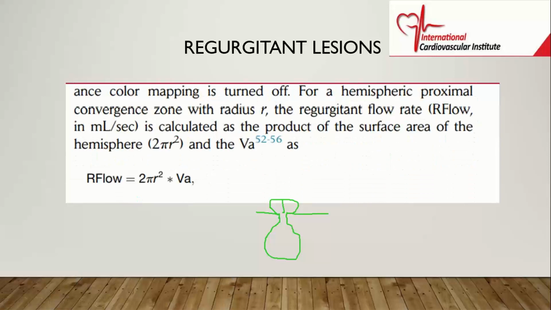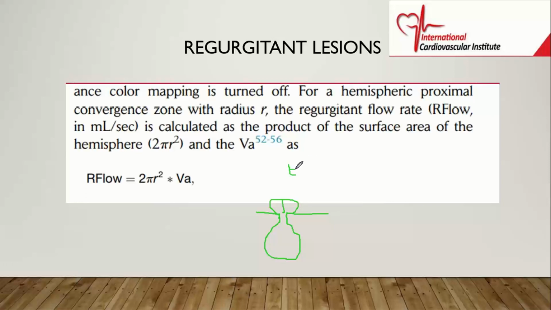Okay. Now, as we pointed out before, this regurgitant flow: flow is equal to cross-sectional area times velocity. So if we're looking at this regurgitant flow down here, that flow is equal to cross-sectional area.